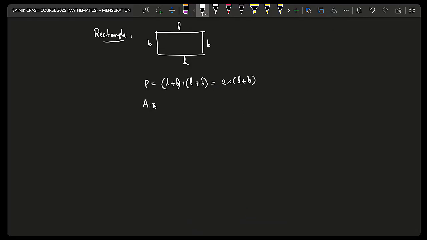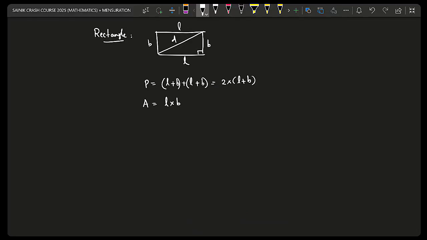Now the area of the rectangle is length multiplied by breadth. You can divide it into many smaller squares and find the area. The formula is going to be length into breadth. And I want the diagonal of this rectangle. Let us call it D. Who will tell me the relation between D, L and B?